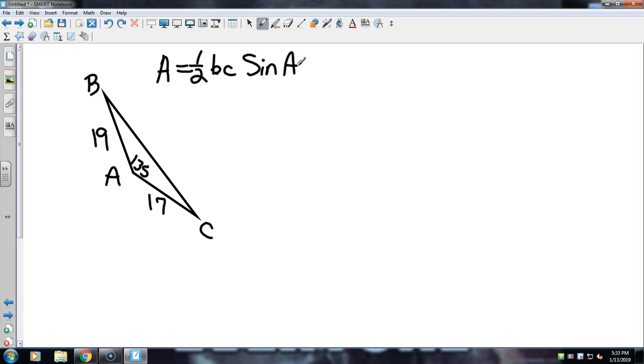So the side opposite angle B is going to be 17. The side opposite angle C is going to be 19. So this is going to look like this: area is 1/2, side B is 17, side C is 19, and then sine of 135 degrees.